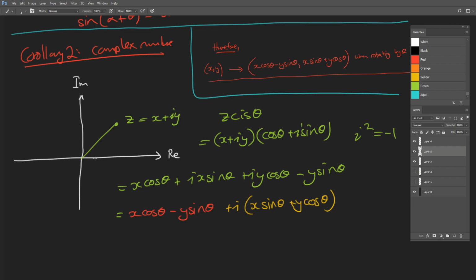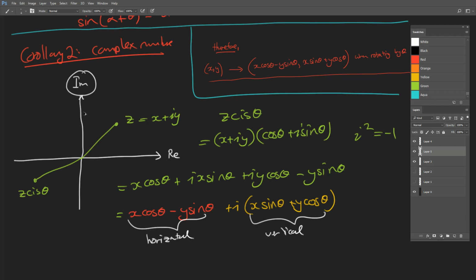This means that our new point, which might just be over here, which is z times (cos theta plus i sine theta), has a horizontal coordinate that is just going to be the real part, because real represents the horizontal axis, and the vertical component is just going to be the imaginary part, since imaginary represents the vertical axis.